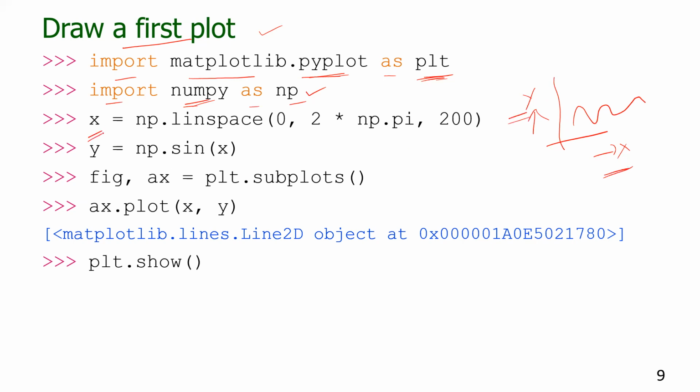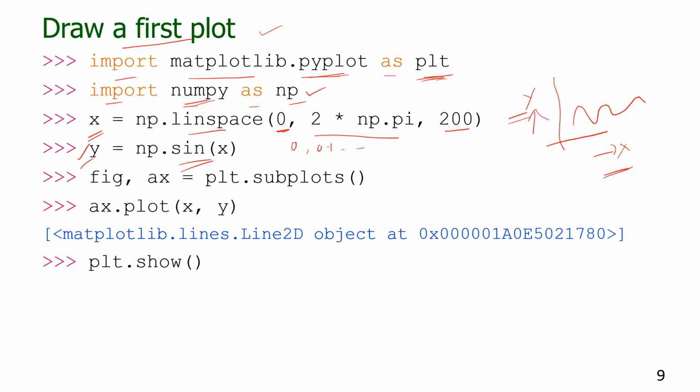Here for x we are taking values linearly spaced, starting with 0 and ending at 200, with the calculation 2 times np.pi. It substitutes the values, starting with 0, then 0.1 and so on, increasing with the pi value. Then for the y-axis value we are taking sine values: y equals np.sin(x).